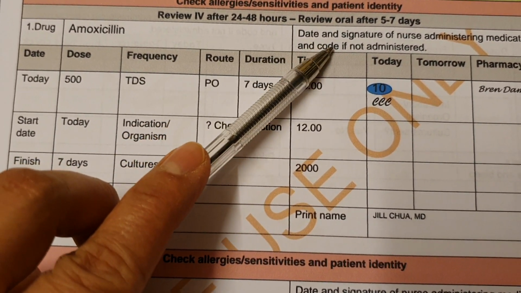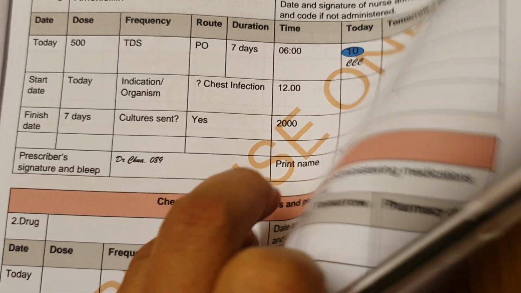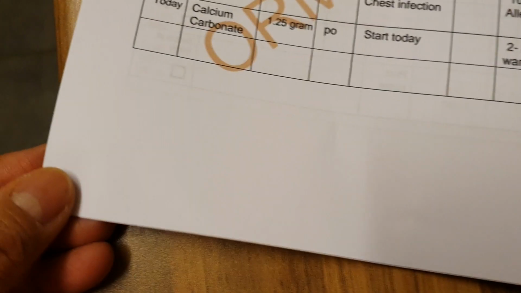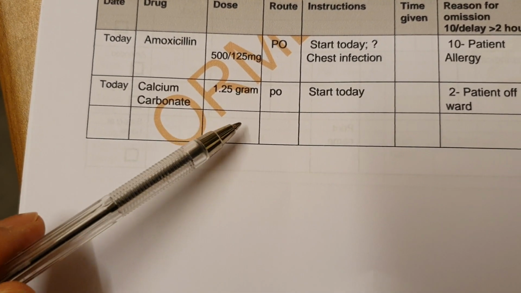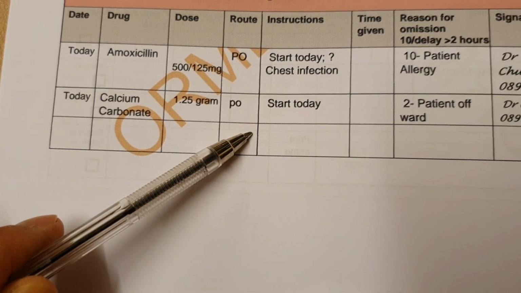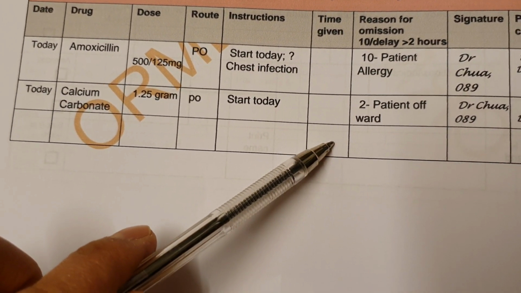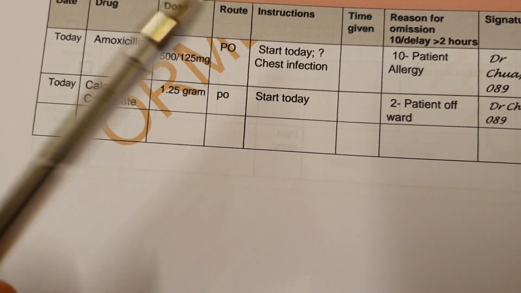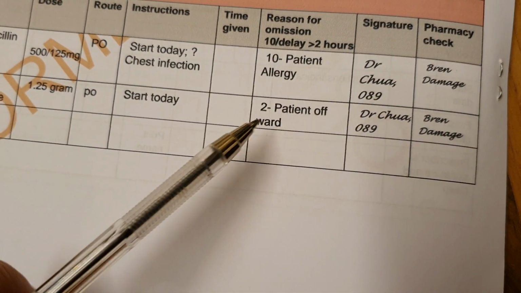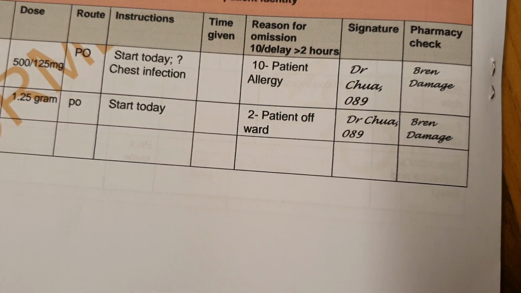It says here date and signature, so put the date of your exam. And then at the back you should write here at the bottom, today amoxicillin 500 milligrams per rm. Instruction, that is the time to be given is 12 o'clock. And then start today, query chest infection, and then you can put 10 patient allergy and then your signature.